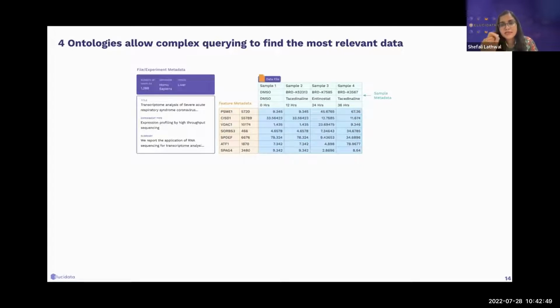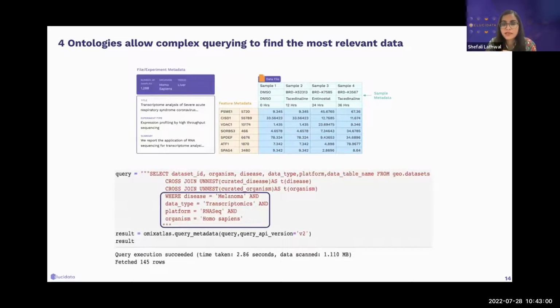So at the most basic level, because we have done this curation for both the experiment as well as the samples, we can write a query that filters information across these different metadata fields related to an experiment, such as the type of disease, type of data, type of platform, as well as organism and so on. And we can find data sets that satisfy these conditions that have been generated under the particular experimental conditions that I'm interested in.